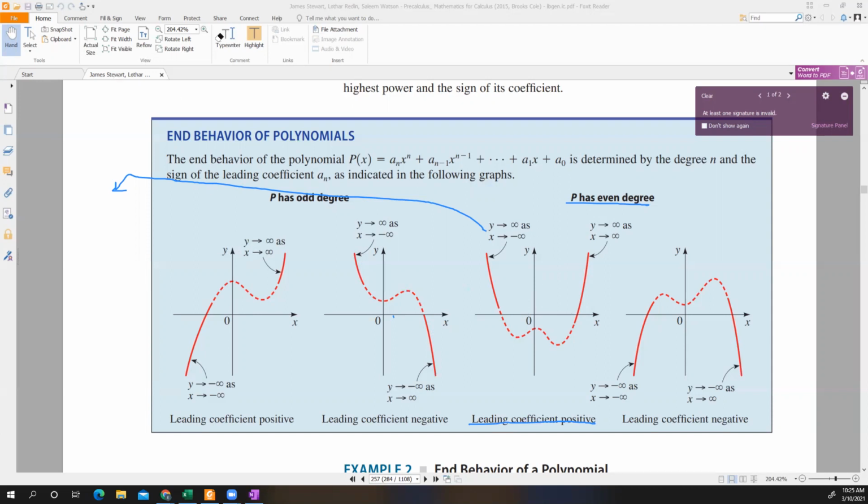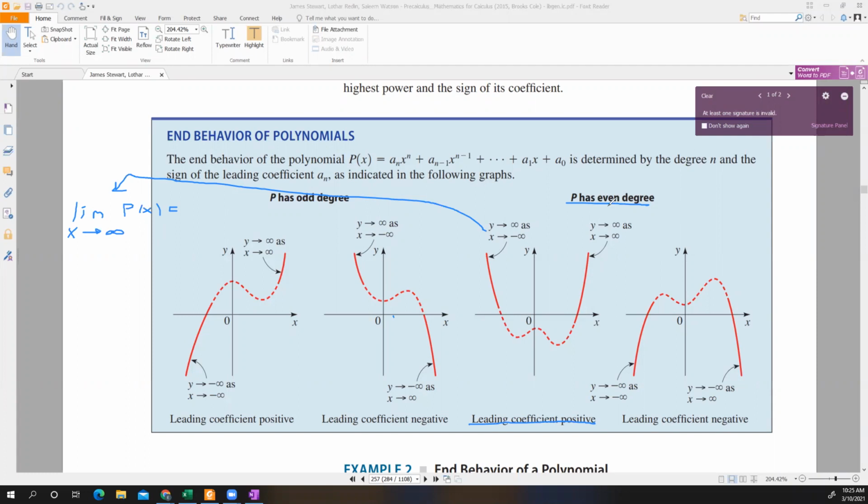So in this other case, we're dealing with a polynomial that has an even degree and the leading coefficient is positive. Let's just summarize what the graph is saying. Again, x squared is the paradigm.